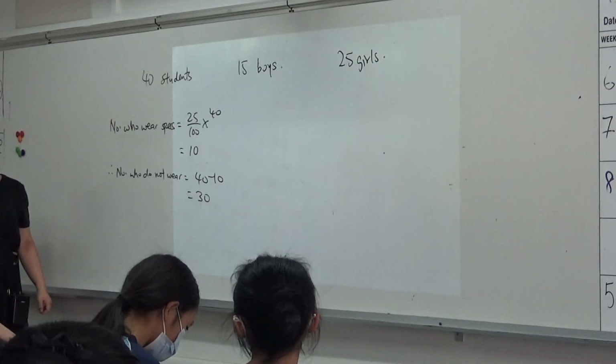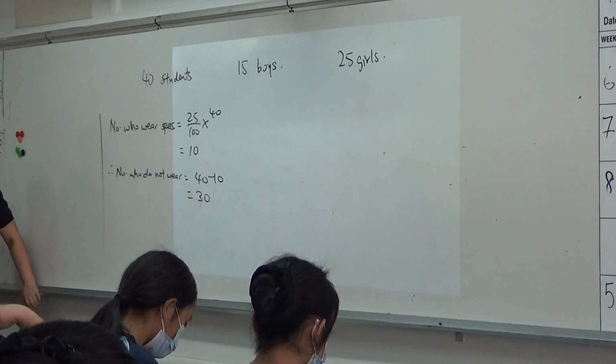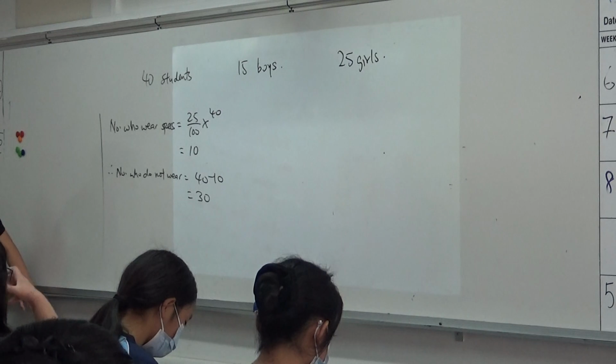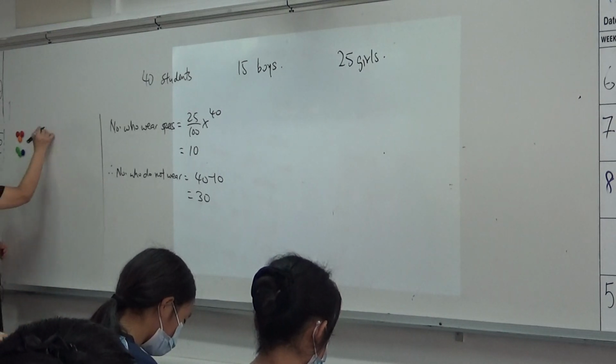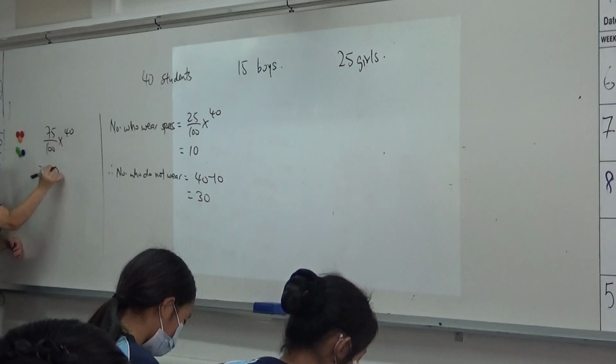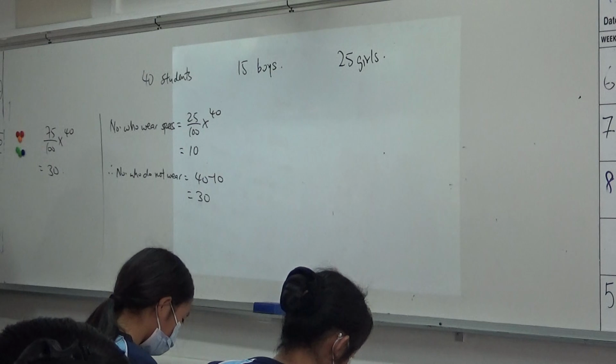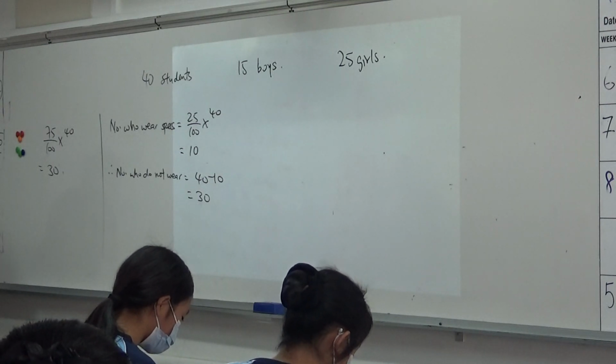Answer? 30. Now, that's another way. If 25% wear specs, how many percent do not wear? 75. So you just take 75% times 40, you will also get 30. Understand? Okay, so either way will do. Is that clear? Okay, good.